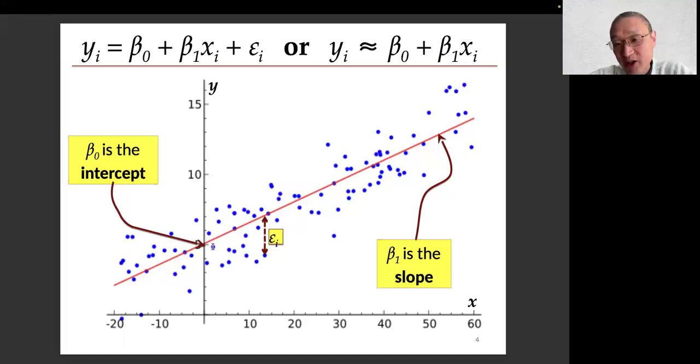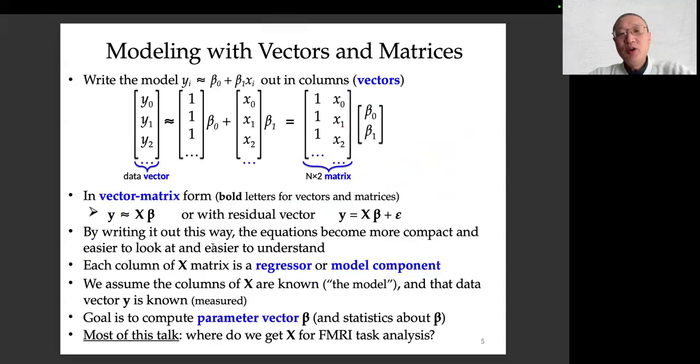Then the second parameter is the slope. We can interpret the slope as a marginal effect. When x changes 1 unit, what is the amount of change in the response variable? So that's the slope.